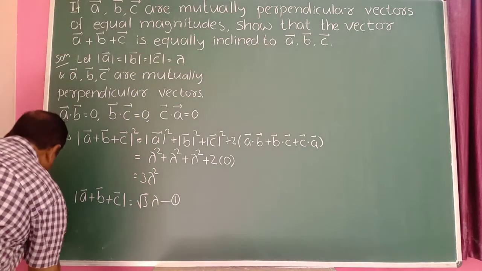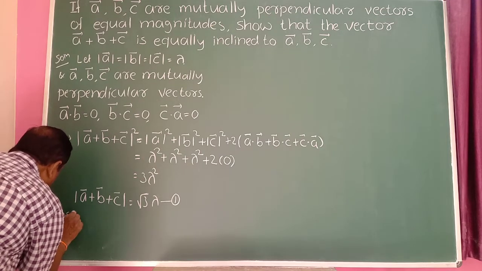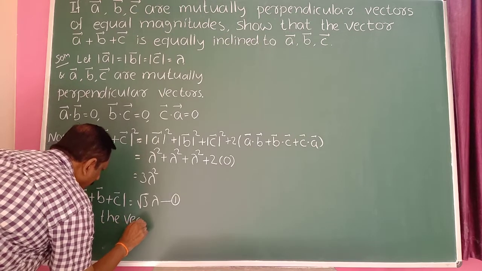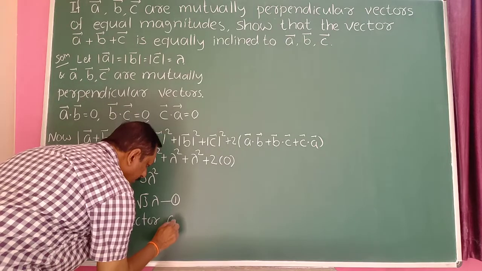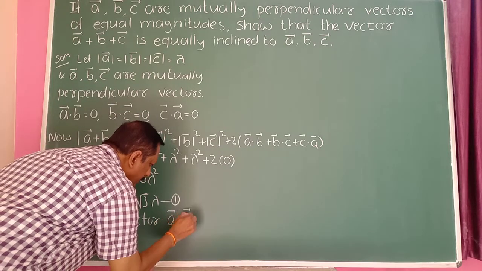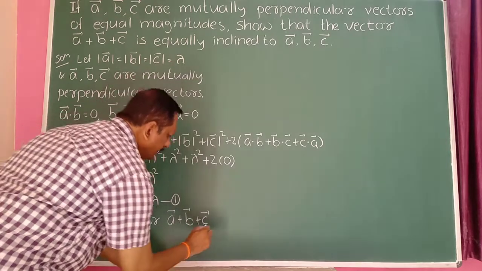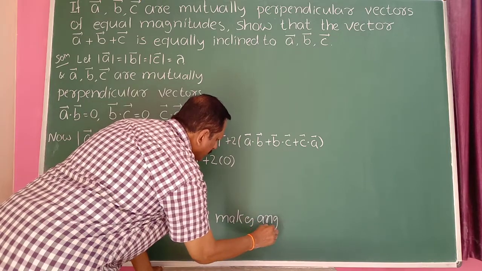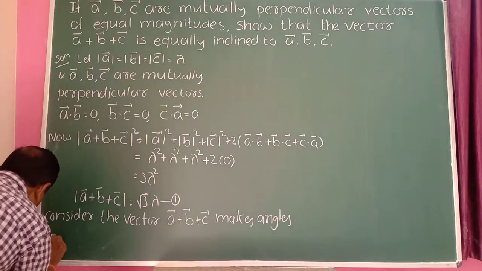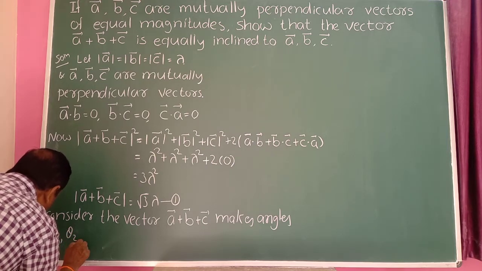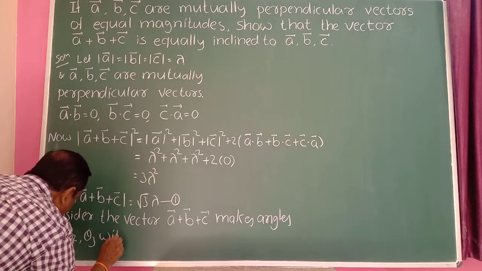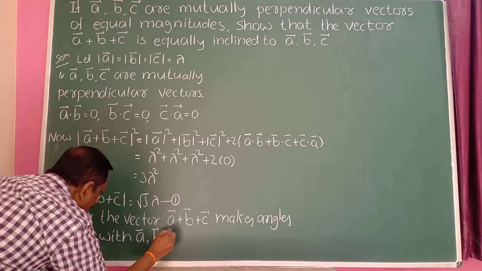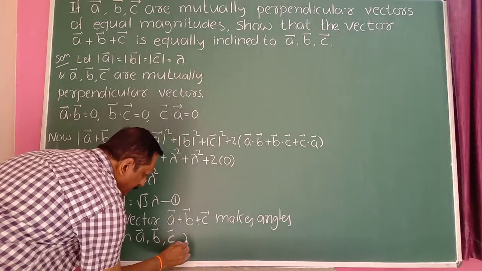Next, consider the vector A bar plus B bar plus C bar makes angles theta 1, theta 2, theta 3 with A bar, B bar and C bar respectively.